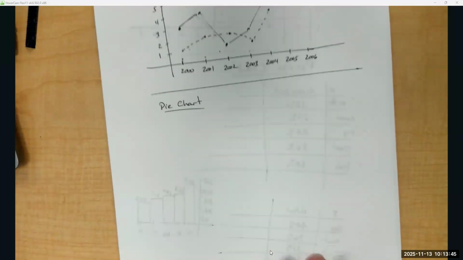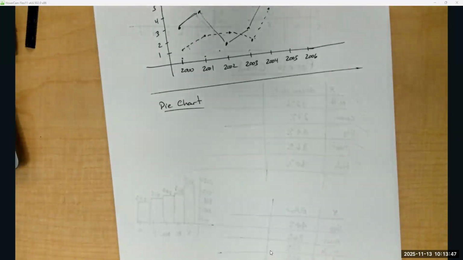A pie chart. What does a pie chart do? Not the pie chart. That's standard deviation, standard variance.